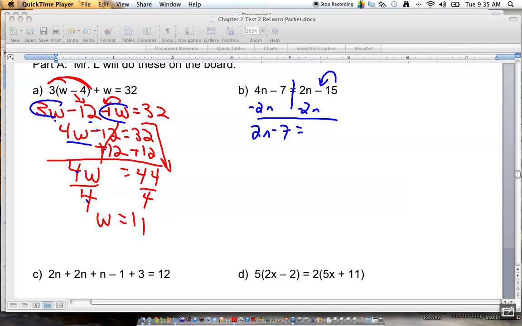See that 15? That's not a normal 15. That is a negative 15. That's a number 1 spot where kids are likely to mess up. Do the inverse to both sides. 2n equals -8, divide by 2, n is -4.